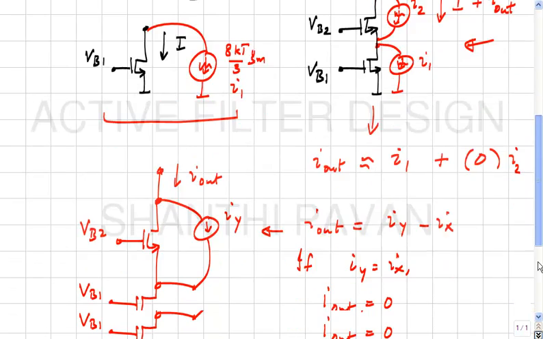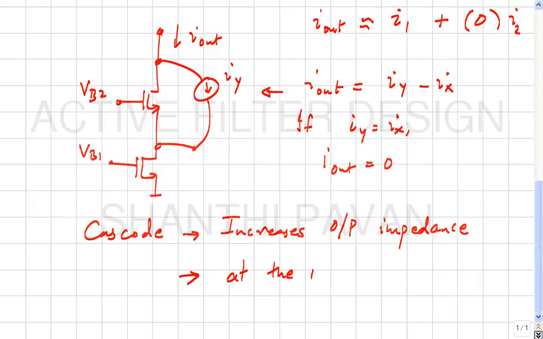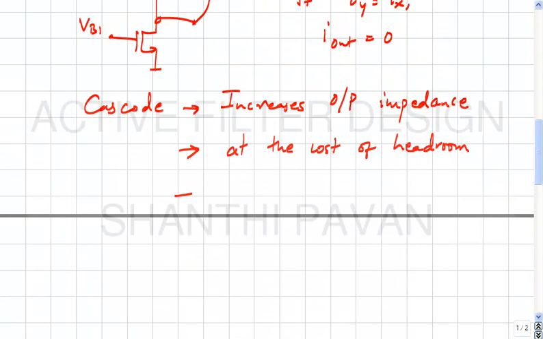So cascode increases output impedance, at the cost of some headroom, but it's important to note that there is no noise penalty. Is this clear?